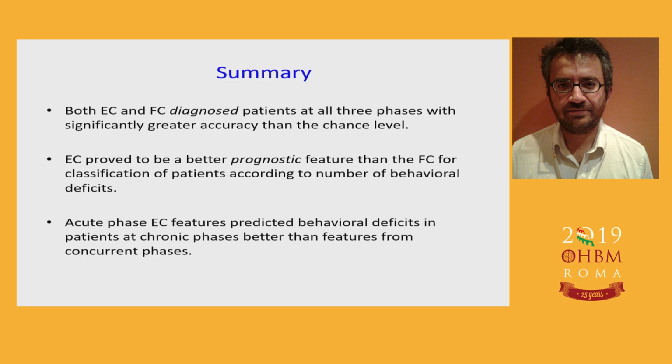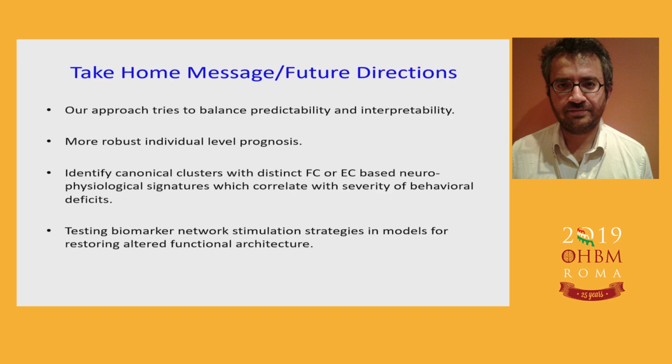Yeah. So our approach has been to try to balance the predictability, which comes from the statistical rigor, and interpretability in terms of clinicians' interest and how they would like to plan the classifications. So I think I will stop here and maybe we can discuss more when we talk about questions.